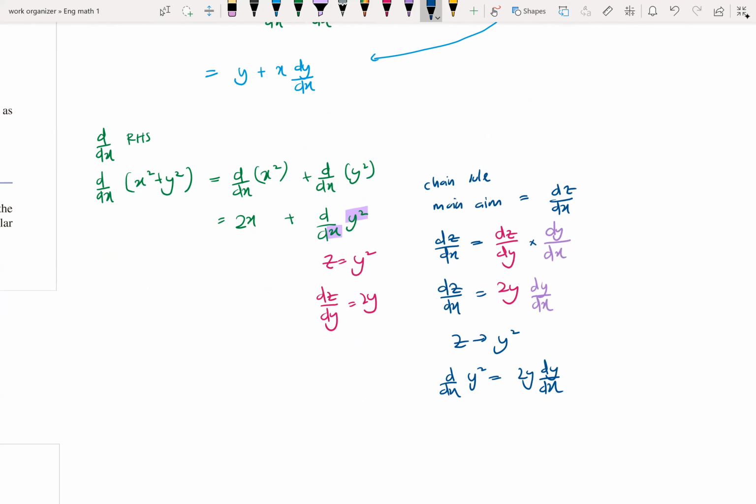That's why we are having 2x plus 2y dy dx through the chain rule.